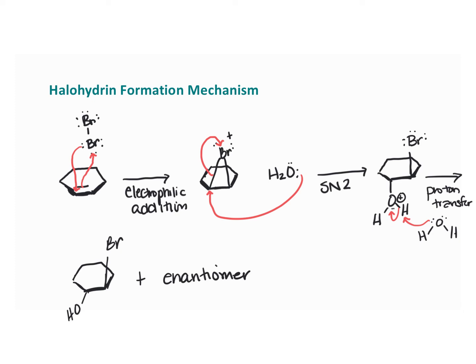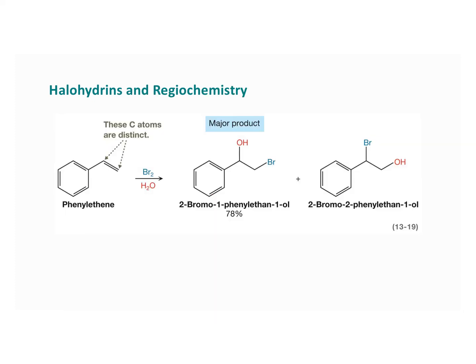Now, regiochemistry becomes an issue with halohydrin formation when the alkene reactant is not symmetric. So this is an unsymmetrical or non-symmetric molecule. The carbon atoms there are distinct. With distinct carbon atoms, you can get two possible constitutional isomers, depending on which carbon atom ends up being bonded to the halogen.